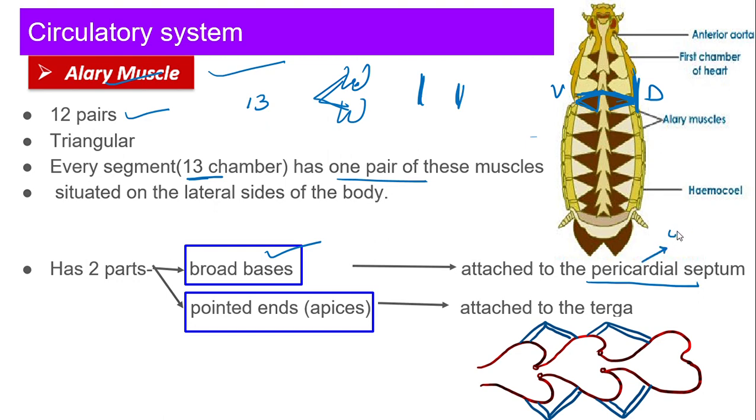It is present just below the exoskeleton. The layer which is present just below the exoskeleton we call the pericardial septum. So this is your exoskeleton. Just below the exoskeleton you have the pericardial septum. The broad base will be present over here, and the narrow end will be pointed towards, or attached to, the terga.